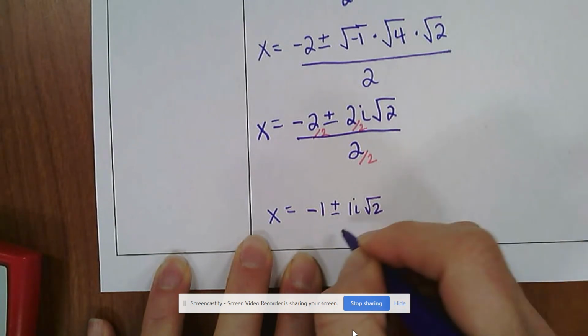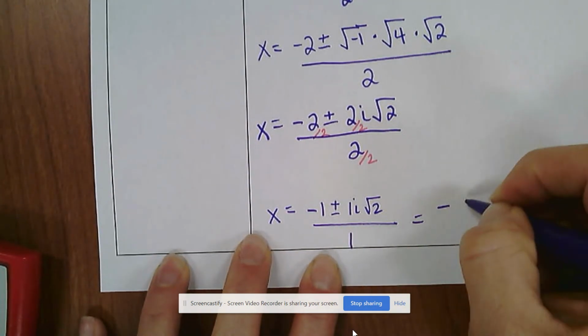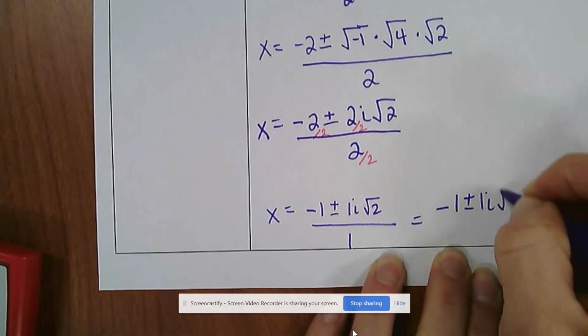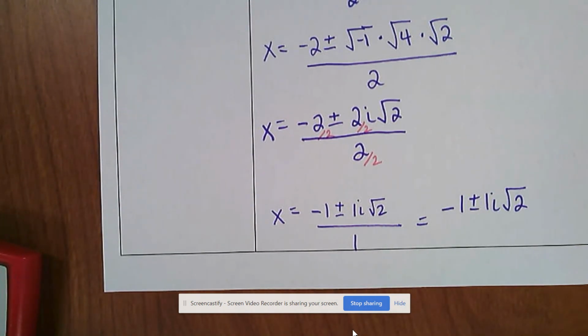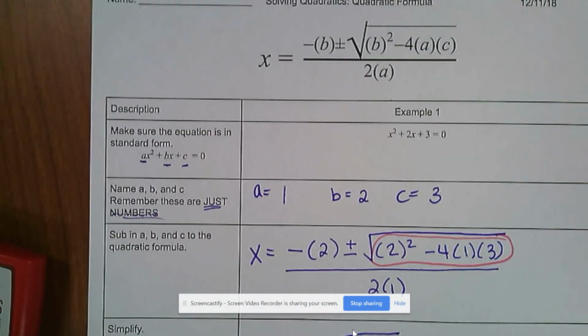So we don't divide that 2 by 2. And 2 divided by 2 is 1, which is really the same as this. So that is an introduction to how you would use the quadratic formula to solve this problem.